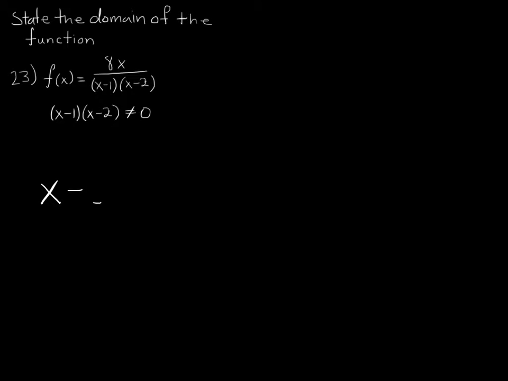So we want to make sure that x minus 1 does not equal 0, and we want to make sure that x minus 2 does not equal 0. Well, that means that x cannot equal 1 and x cannot equal 2.